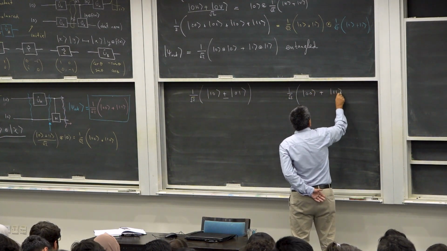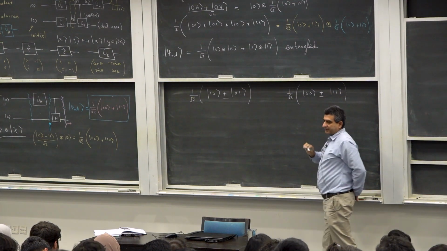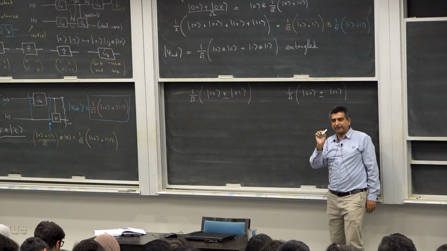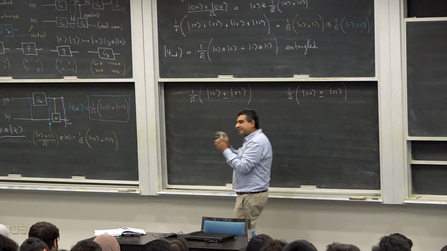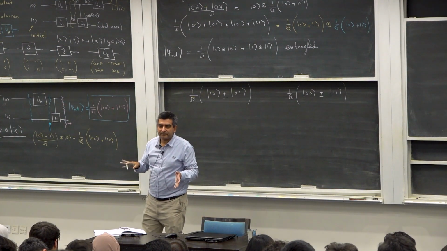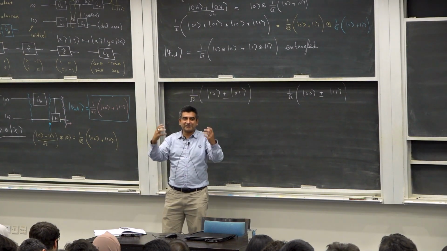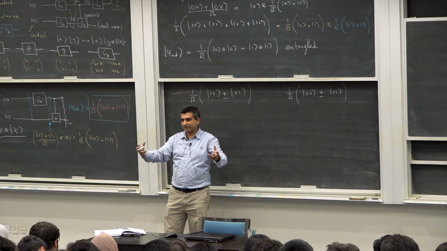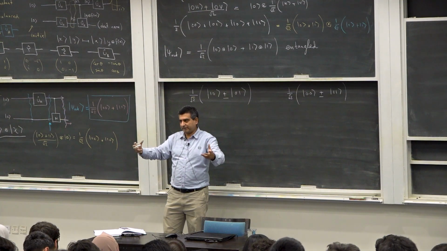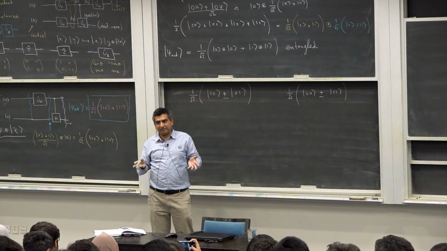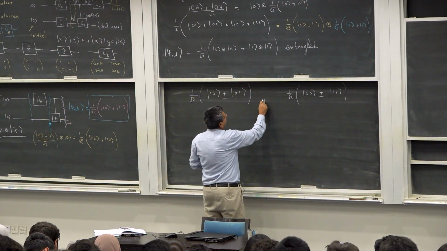Plus 1 1 minus sign is also an entangled state, either plus or minus. So all four of these states are examples of entangled states, and they're maximally entangled. They are the most entangled states that you can get for 2 qubits. Maximally entangled states, and they have a special name. They are called Bell states.